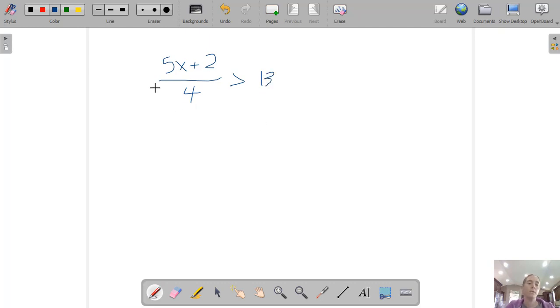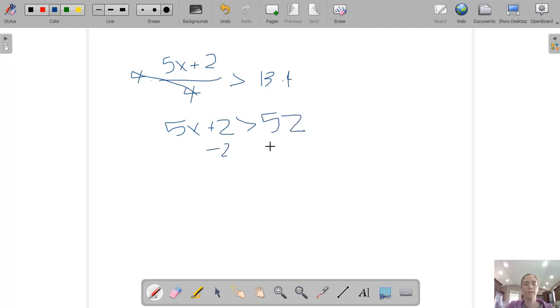On this one, like I said, it's just like what you've been doing with the equations. So we're dividing this whole thing by 4. If we want to get rid of that fraction, we have to multiply by 4. So that's going to equal 1. Then we'd have 5x plus 2 is greater than 4 times 13, which is 52.